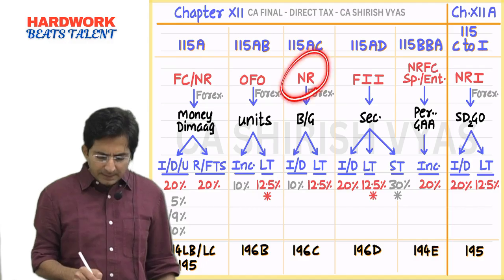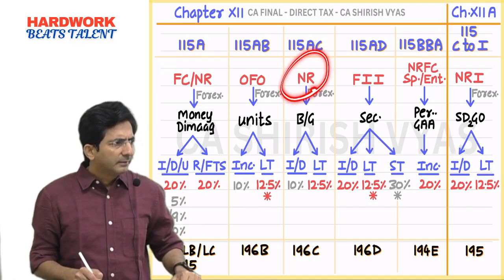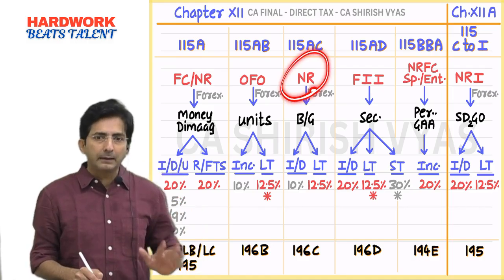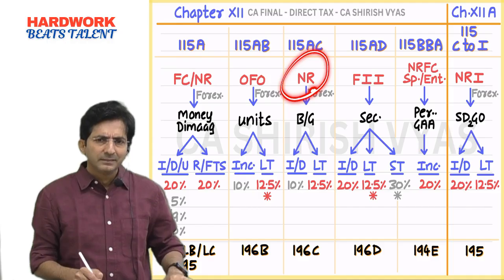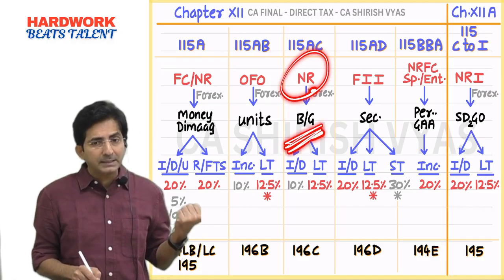Like in this NR, a sports person can also fit. Don't say, but he's a cricketer, he's NR, no? So a sports person can also take advantage of 115AC. What is 115AC? Bond GDR.